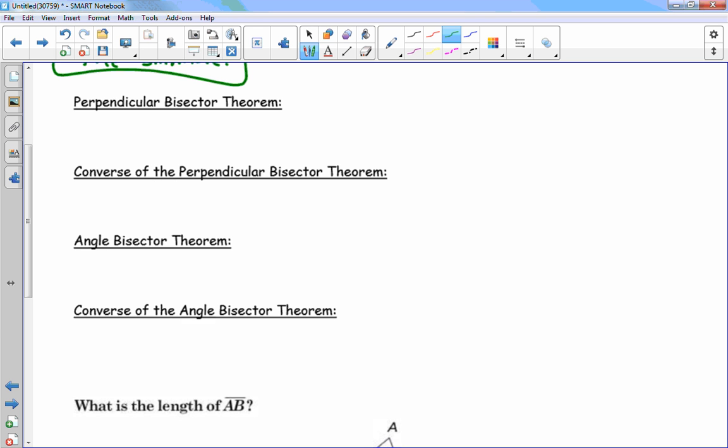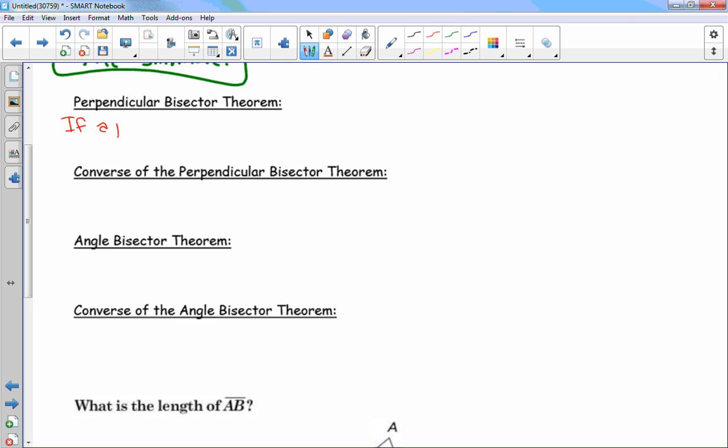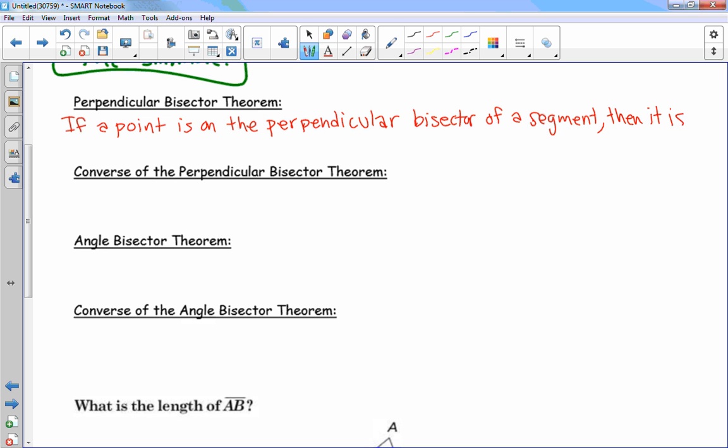is if a point is on the perpendicular bisector of a segment, then it is equidistant from the endpoints of the segment.